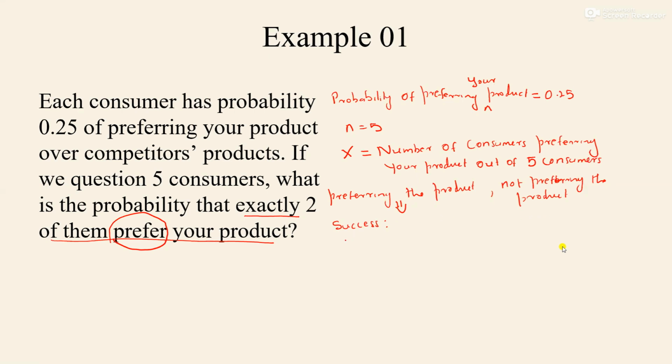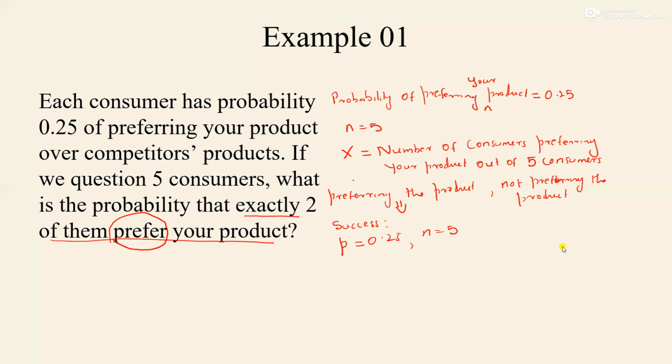So what is p in this case? What is the probability of preferring the product? The probability of preferring your product is 0.25, and n is equal to 5. So this X has a binomial distribution.